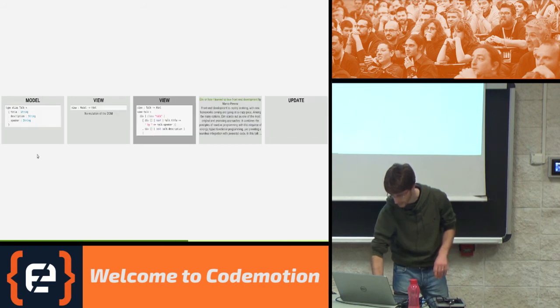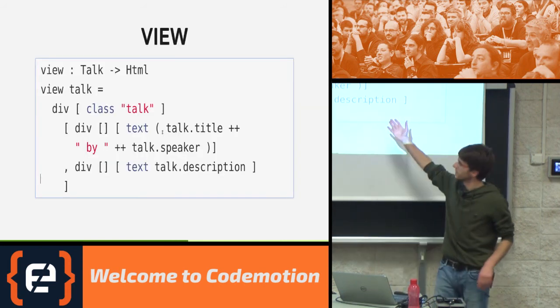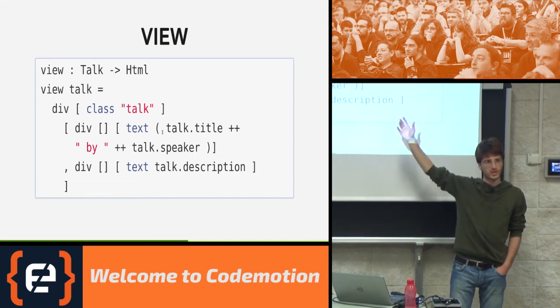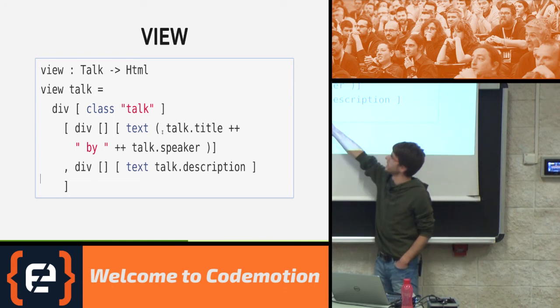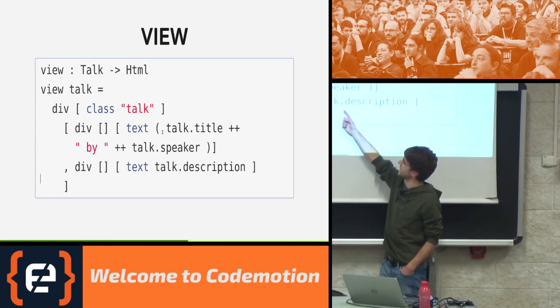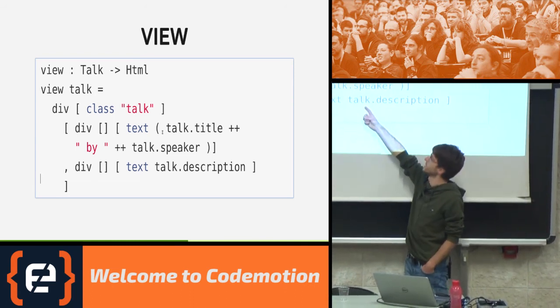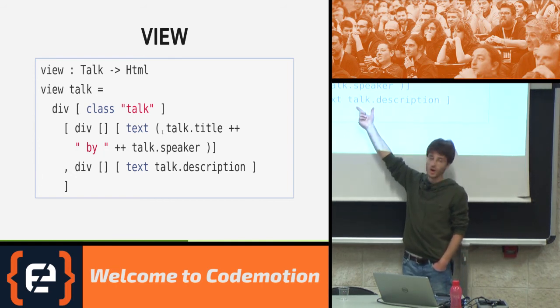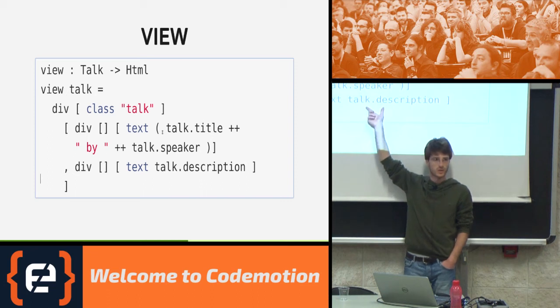You can have all of your representation of the HTML done in Elm. And in some sense this is a two-way data binding, because you're exposing the description of the talk, but this is nothing else than the string that you have in your model.